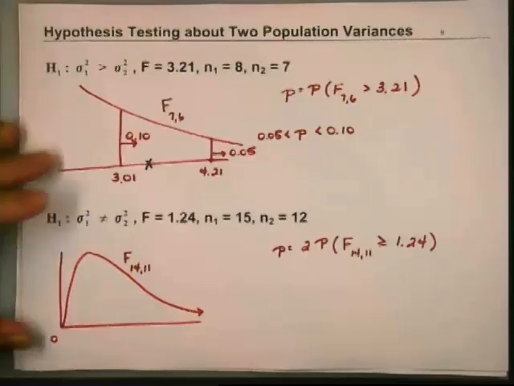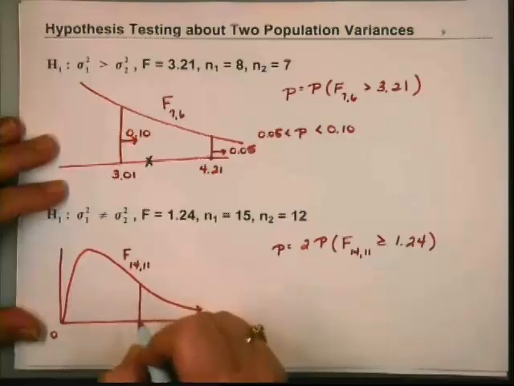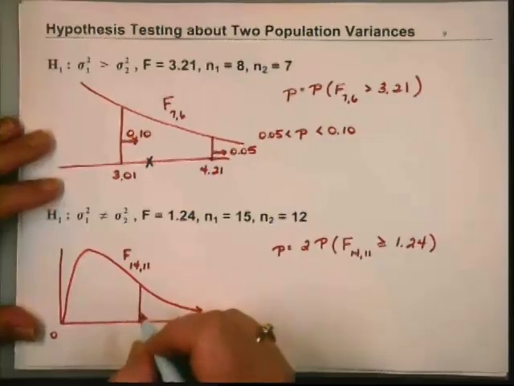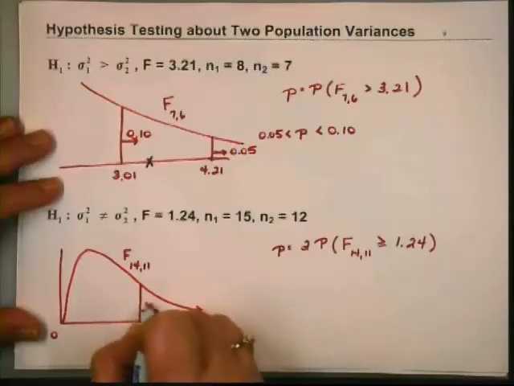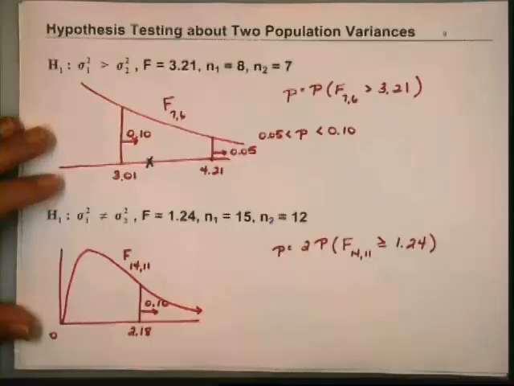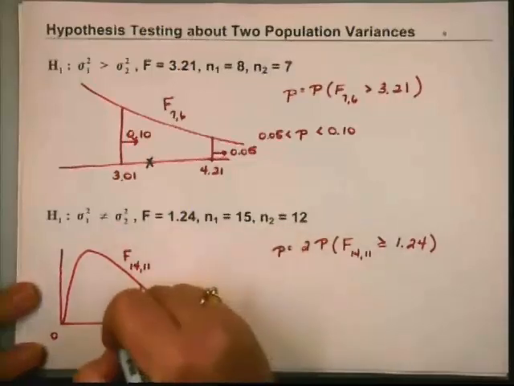When you start going in this, your very first lookup, you get 2.18, determining a right-hand area of 0.10. Agreed? 1.24, we're over here.